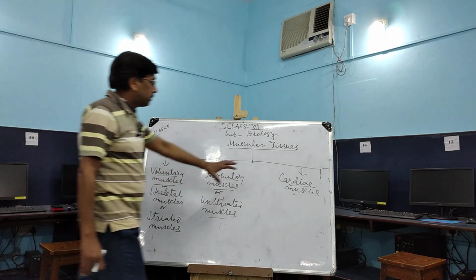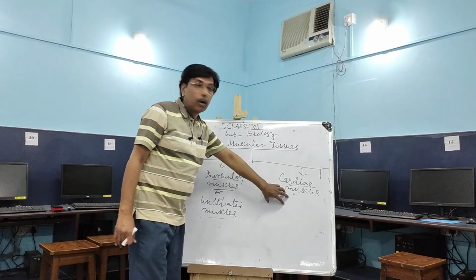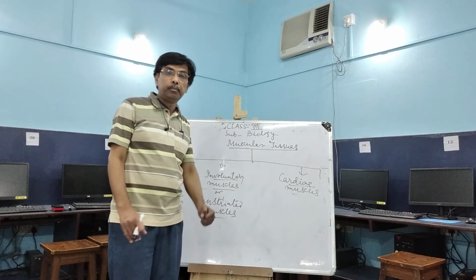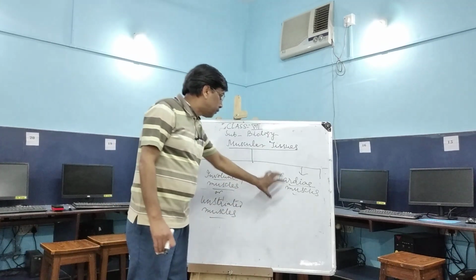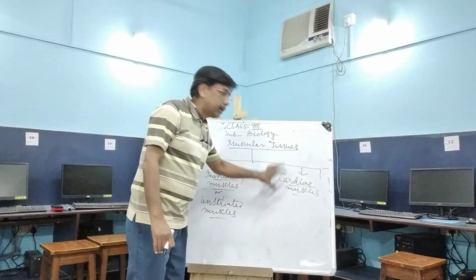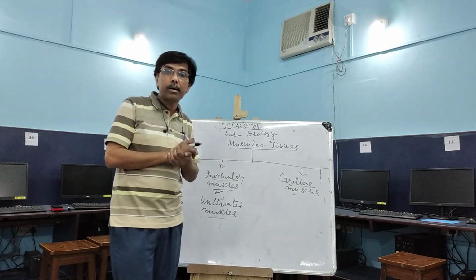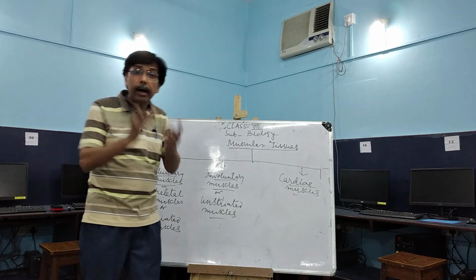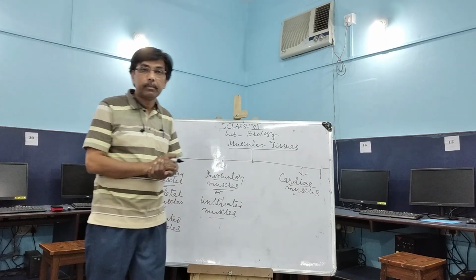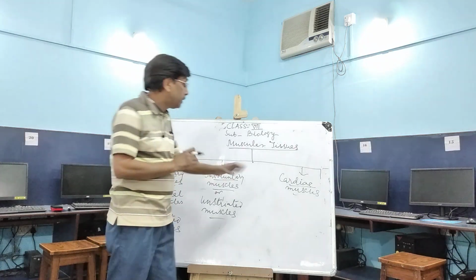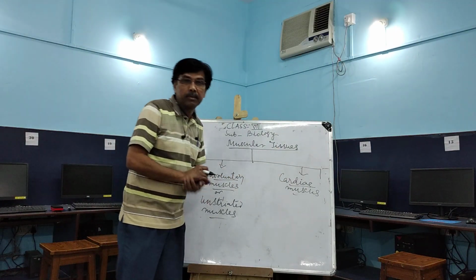Now, a very special type of muscle is your cardiac muscle, present in the heart only. You might know that the heart pumps blood throughout the body, isn't it? So what is special about these muscles?